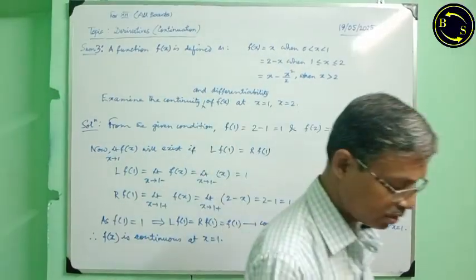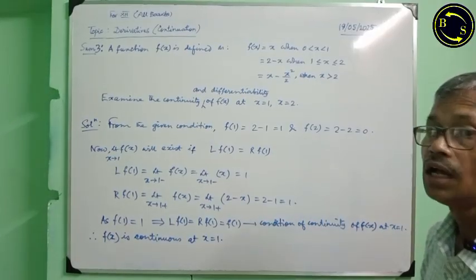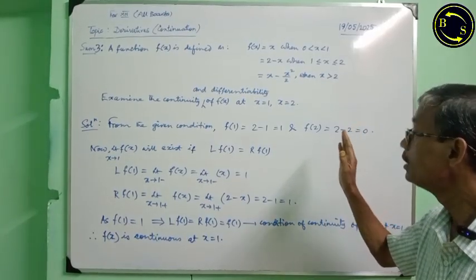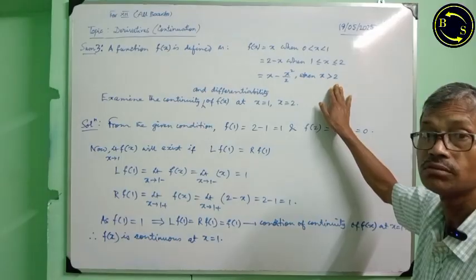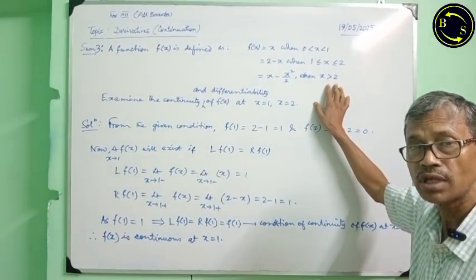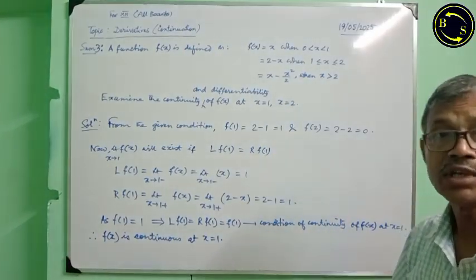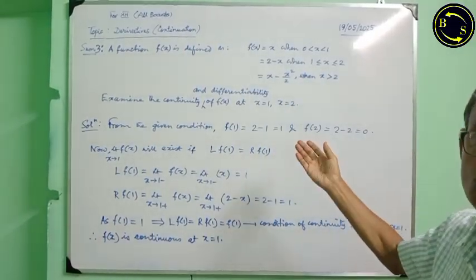Now I suggest students who are practicing, you find for x equal to 2 the continuity case of f(x) at x equal to 2 yourself. Now I discuss the differentiability at x equal to 2.